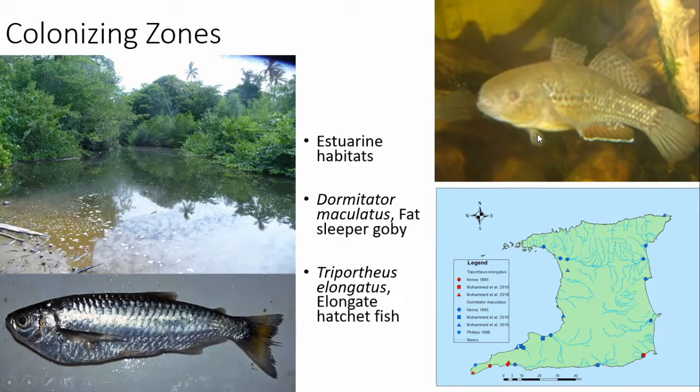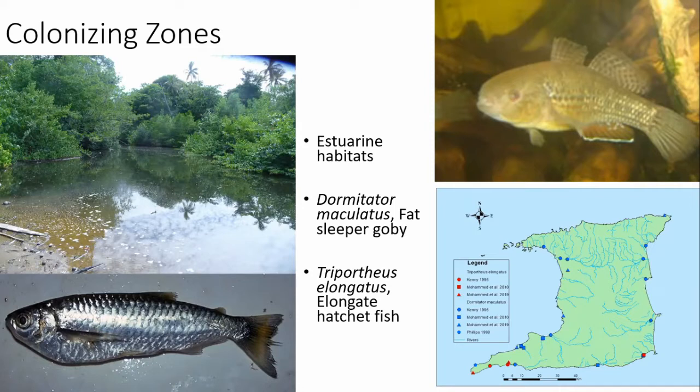But at the same time, we have several coastal colonizing zones, as seen by the distribution of Dormitator maculatus, one of the fat sleeper gobies. So we must appreciate that Trinidad's coastal regions house a lot of diadromous species that have a dependency on fresh and marine habitats.